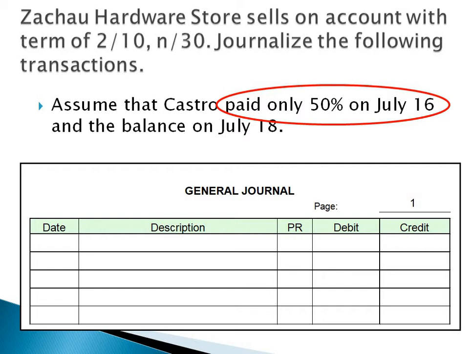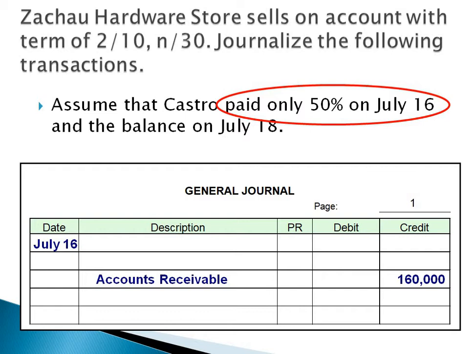Credited. Why? Because from the viewpoint of Sakaw, its accounts receivable decreased upon receipt or collection of the payment from Castro. Since accounts receivable is an asset, the normal balance of which is debit, to decrease, it must be credited on July 16, the date of collection.